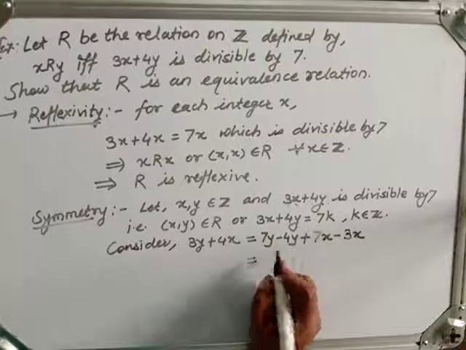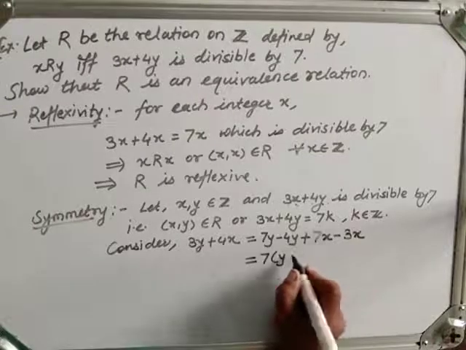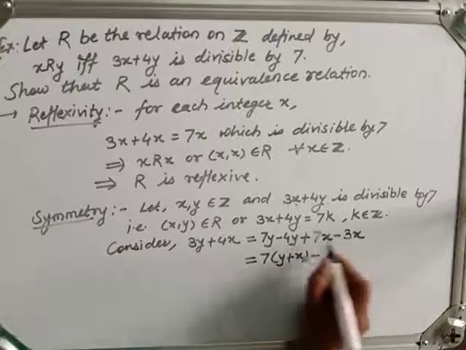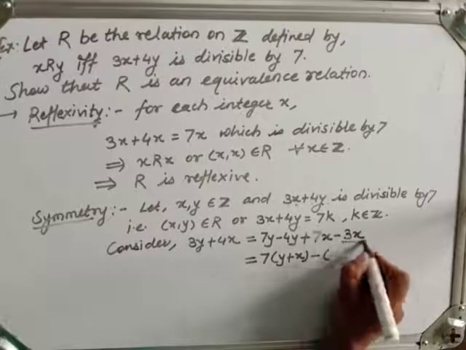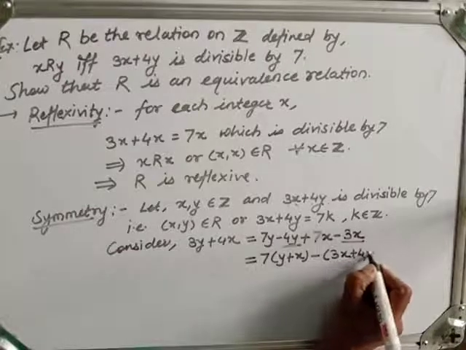So that is the same as 7 into (y plus x) minus, taking the common factor, (3x plus 4y).